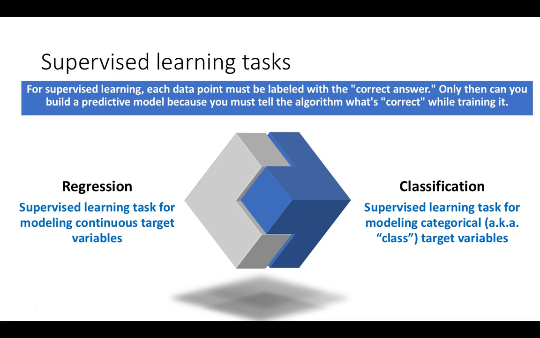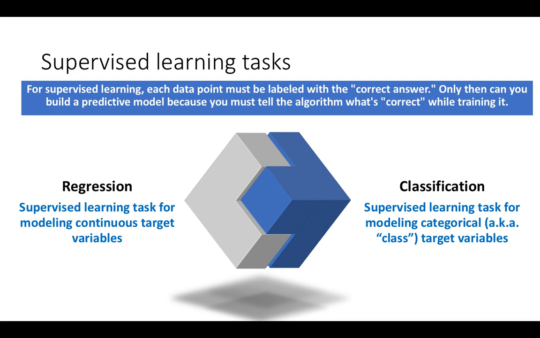And if your supervised learning task is for modeling categorical target variables, like the species of the flower or whether an employee resigned or not, these are categorical values. If your target variables are specified using those categorical values, then we do a task called classification. So keep that in mind.